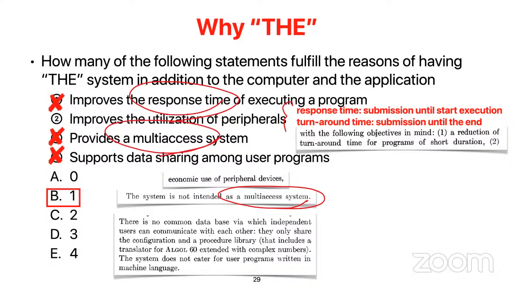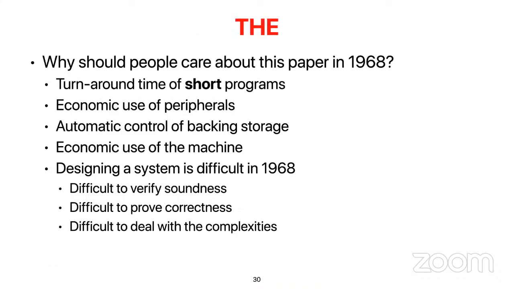We just read the first page, right? Then we know this is a paper about why people should care, because in the past, people thought, if I just have a short task I want a computer to execute, do I need to wait forever? So THE paper is actually helping those people with really short programs.